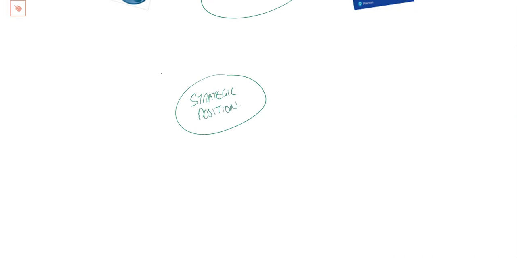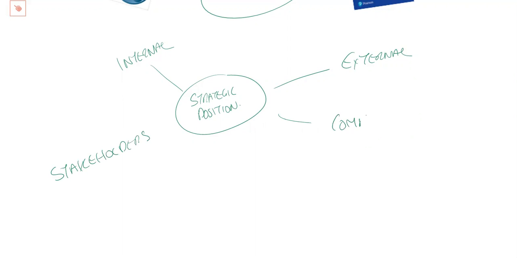So we've got all the different tools, looking at internal, external, stakeholders, and competition. And the idea is that it gives us an idea of the company's strategic position, where they're currently at, what they're good at, what they're not so good at, what's affecting them, what's not affecting them, what could be an opportunity, threat, that kind of thing.